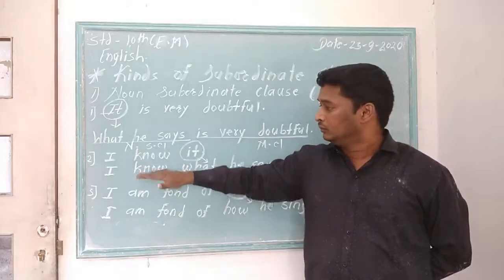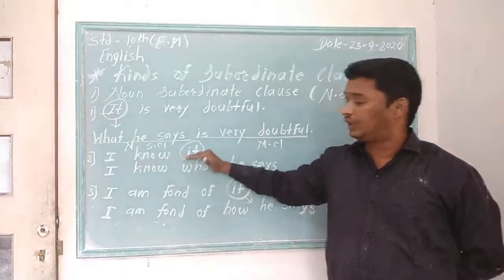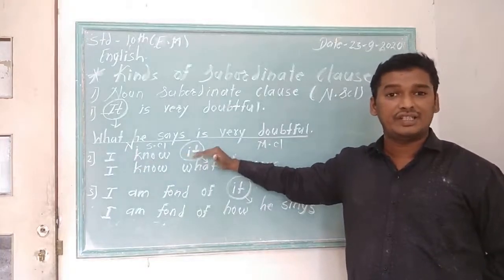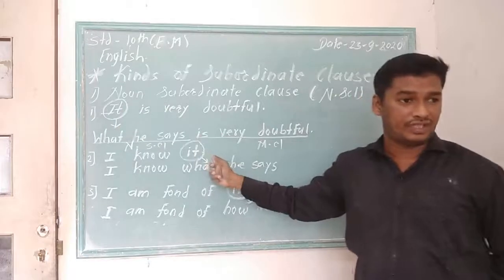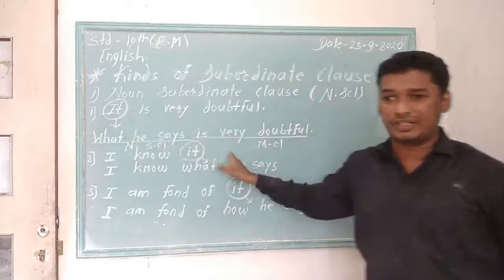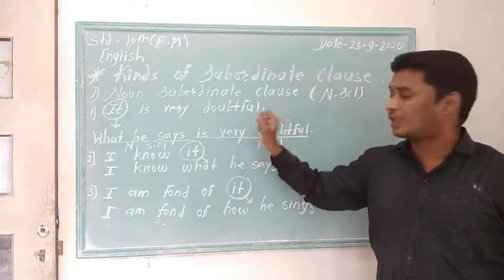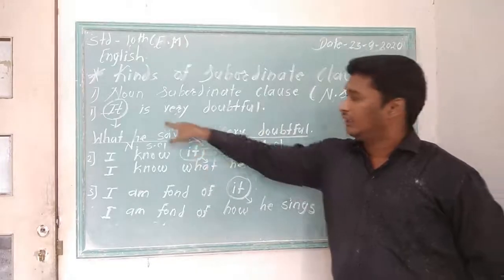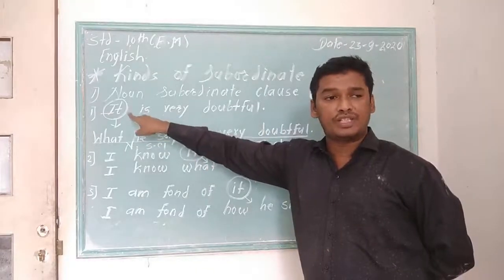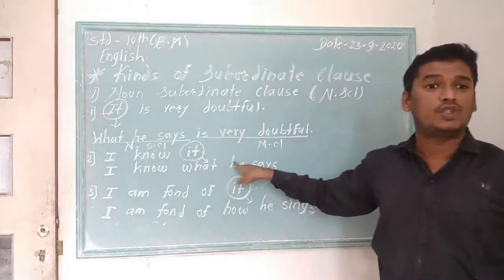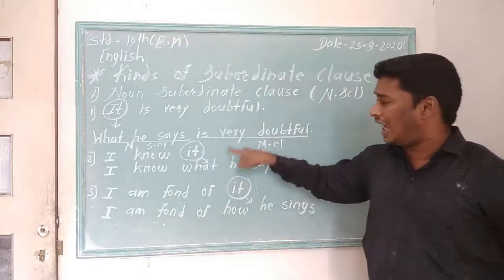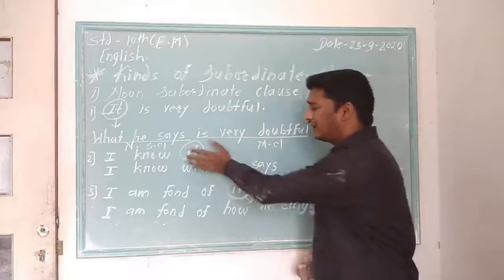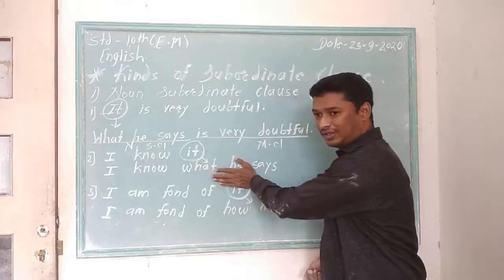Okay. Now the second sentence: I know it. I have changed the place of it from subject to object. In the first sentence it was the subject, in the second sentence it is the object, but it is a noun also. I have replaced this object with this subordinate clause.